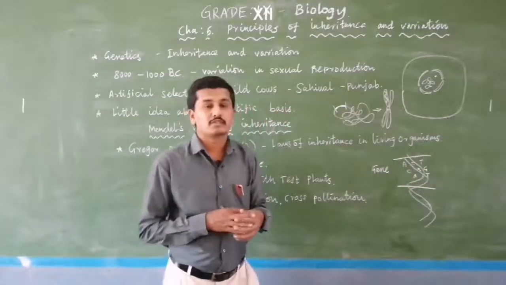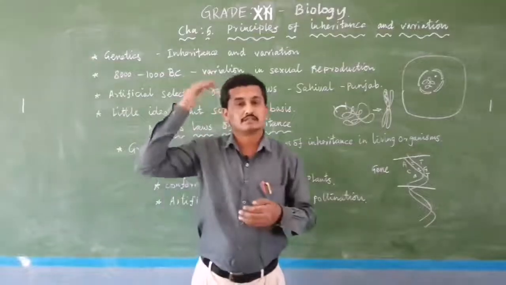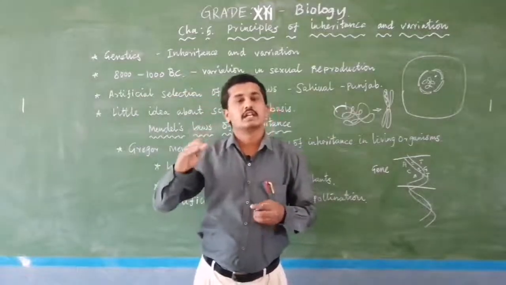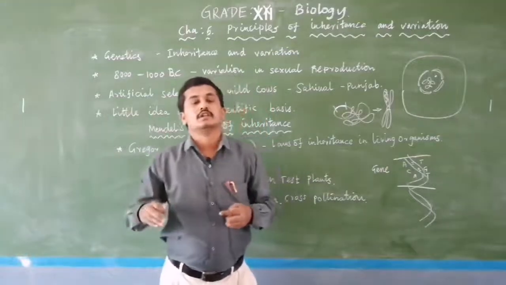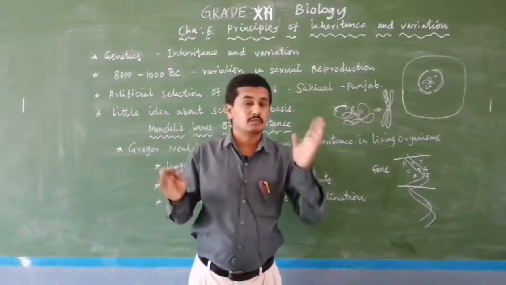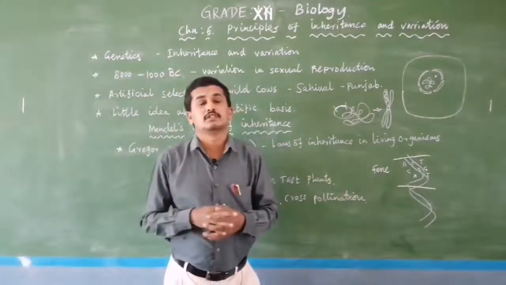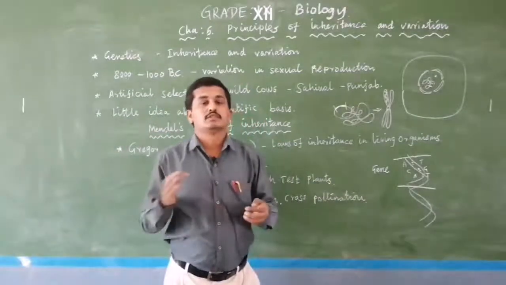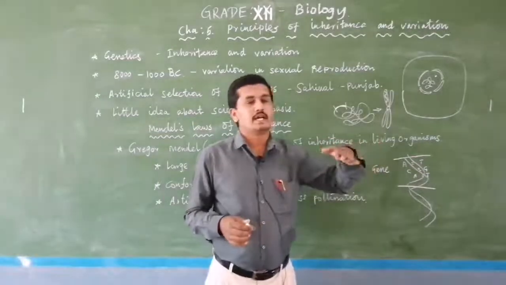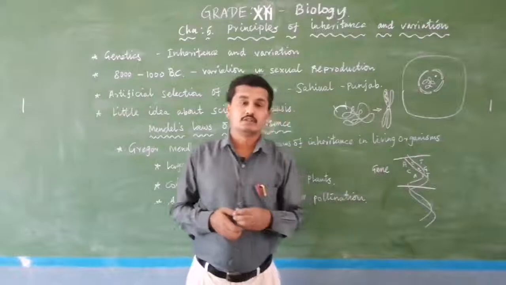Let me say some examples of character. Curling hair is one character. If the parent has curling hair, then in the next generation some persons also have curling hair. The curling hair character passes from one generation to the next due to genes. For example, one parent is tall.